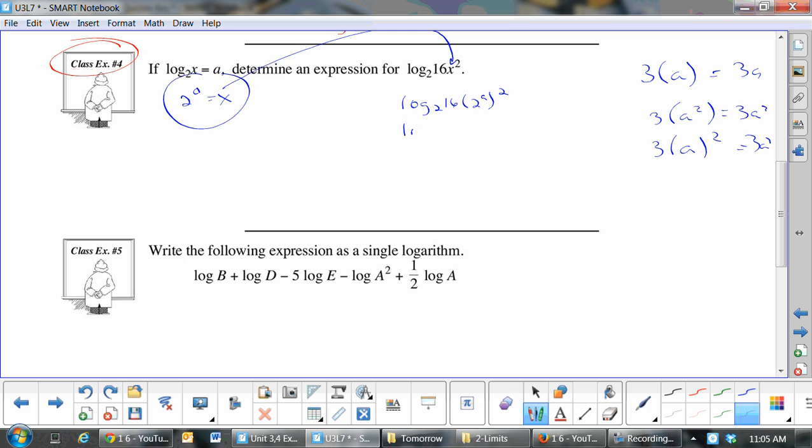Okay, so we want log 2 of 2 to the 4 times 2 to the a, all to the 2. That's what you wanted? Okay, that's the correct step. You cannot bring the 2 down with it, so you just want to bring the 2 by itself.